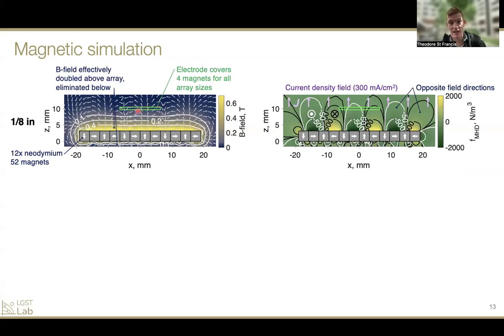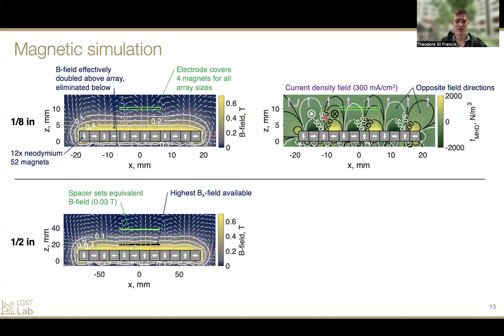And the effect that has, when orienting a current density field with the electrode pointing up, is that some of the Lorentz force vectors are pointing out of the page and some into the page. And so, for example, you can see that there's a vorticity vector which would be pointed upward here, which has the effect of swirling the flow. And our question is, can this evacuate bubbles faster?